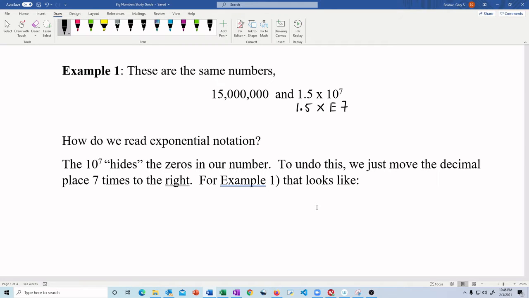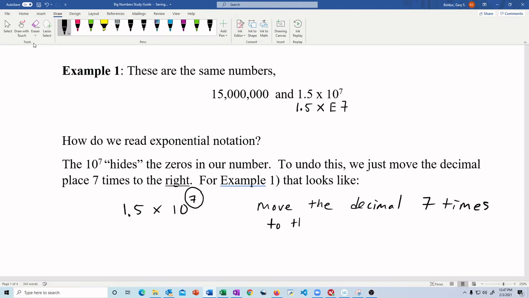And so here's what we do. We take our 1.5 times 10 to the 7th, and this 7 is the really important thing. What this says is move the decimal, and we'll do it together, 7 times, and then we're going to be a little specific here, to the right.